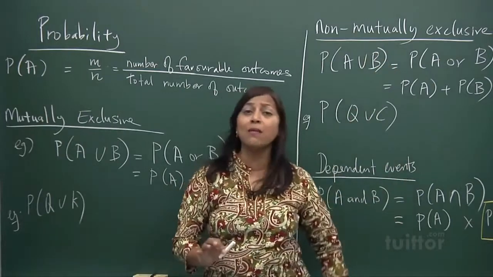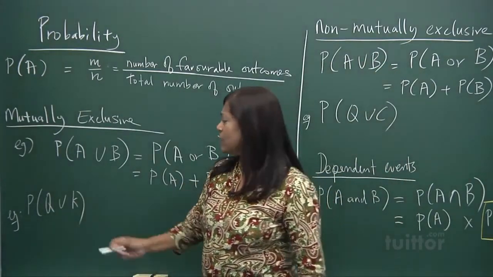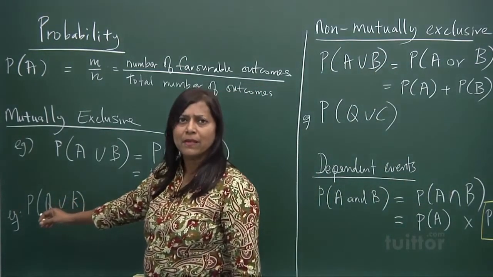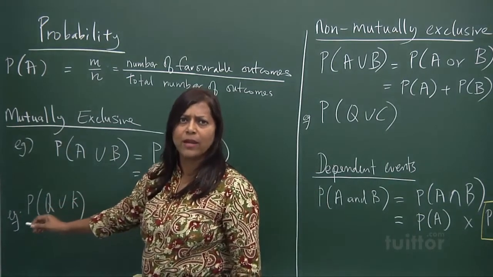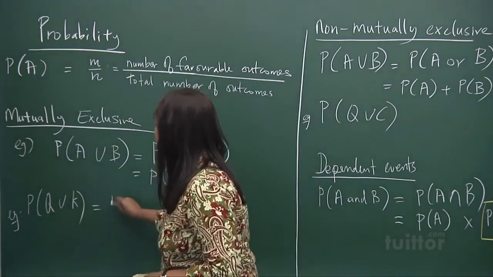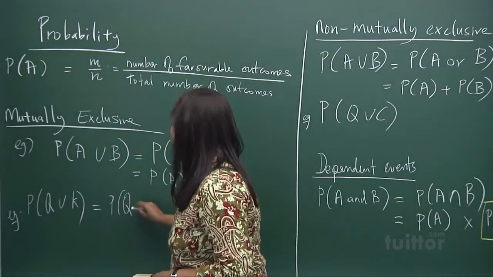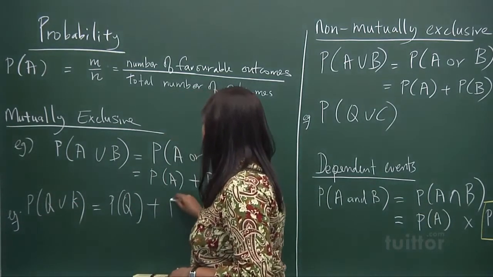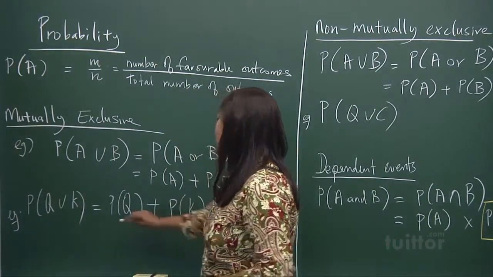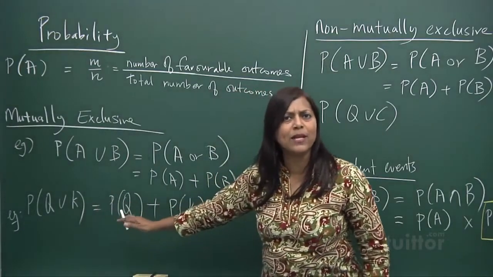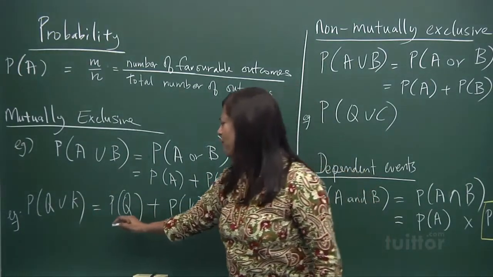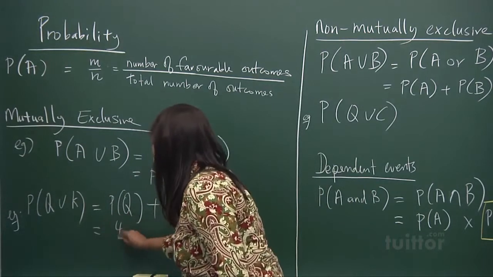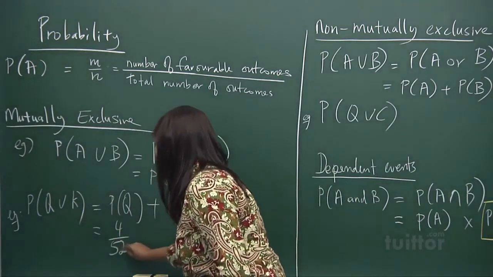I will have to get into non-mutually exclusive later. What's the probability of getting a queen? Alright, a king is not a queen. So that's the probability of getting a queen, plus, what's the probability of getting a king? They're totally not related. A queen is a queen, and you've got 4 queens out of 52 cards.